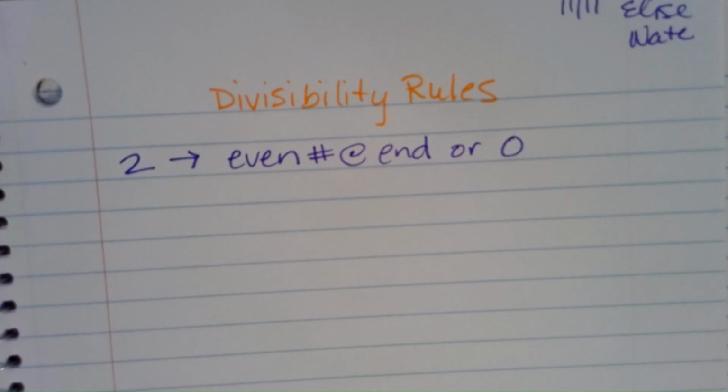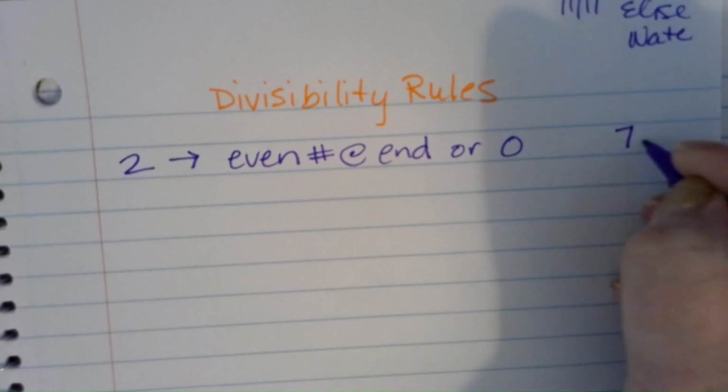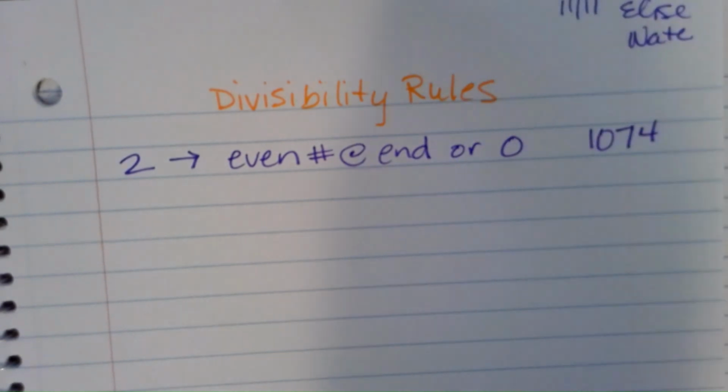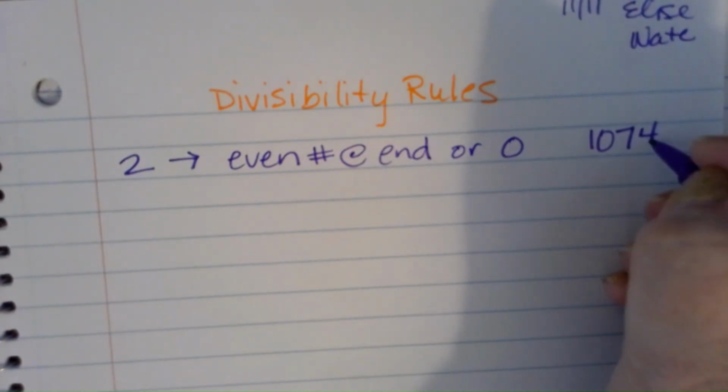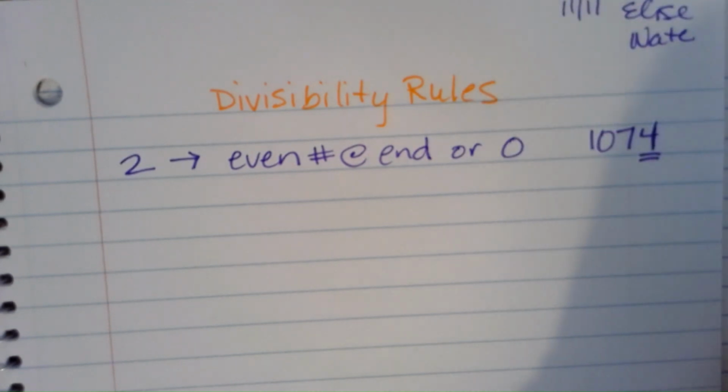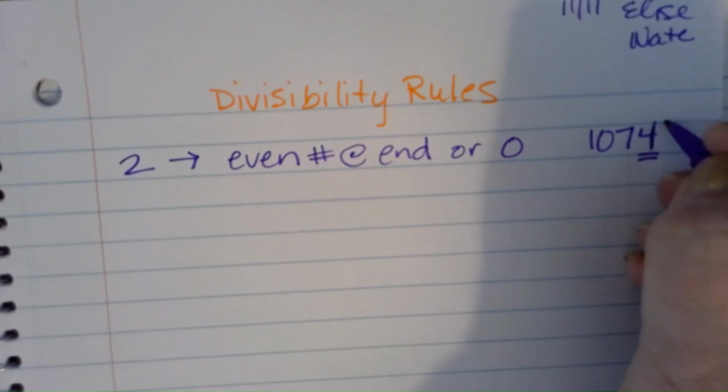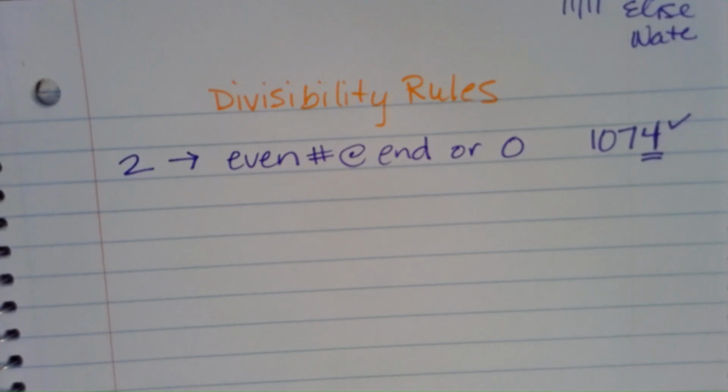Okay? No matter how big it is. So for this, like if I had a number like 1074, it ends in an even number, so it is divisible by 2. Everybody okay? That one's pretty easy.